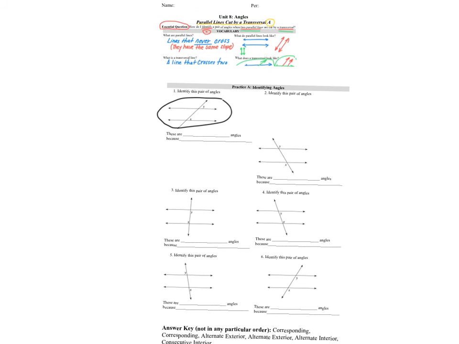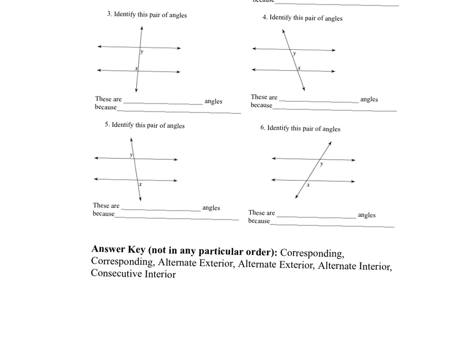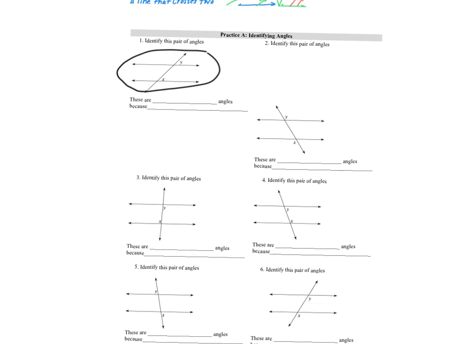And so once you do that, you're going to tell us what the answer is and why you say it is alternate interior, exterior, whatever it might be. We do have the answer key at the bottom, and notice some of the answers duplicate themselves. So there's more than one that is maybe a corresponding angle, so on and so forth. So you're going to be working on that practice tomorrow, but today we just want you to review your notes and make sure you understand the difference between the four angles.